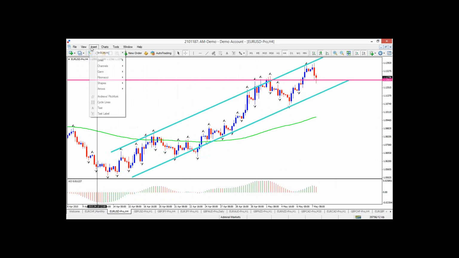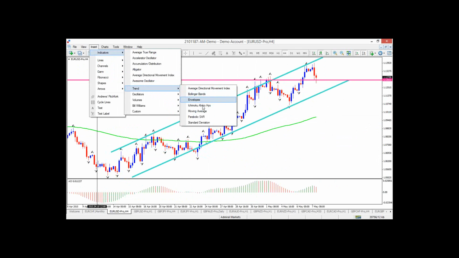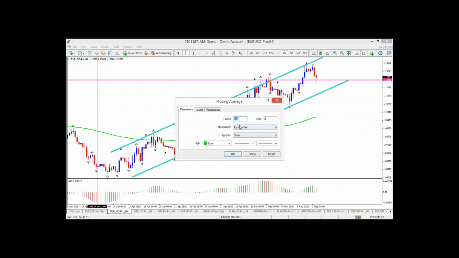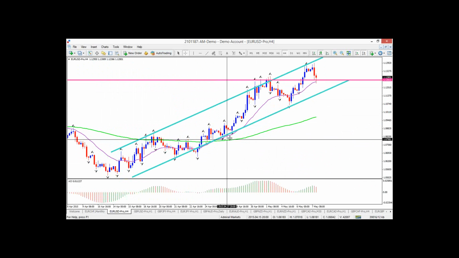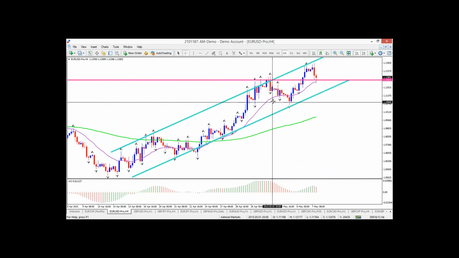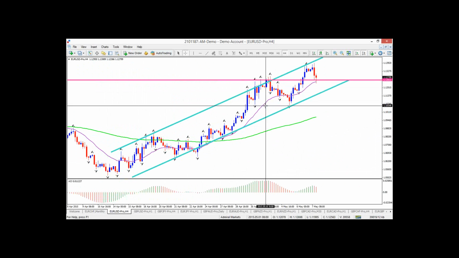Right? Lower moving averages are still useful, by the way, but more maybe perhaps for measuring momentum. Like if we use this one, for instance, the 21 moving average. Let me find a good color for that. Then you can see that that kind of gives a good indication of momentum on this 4-hour chart.